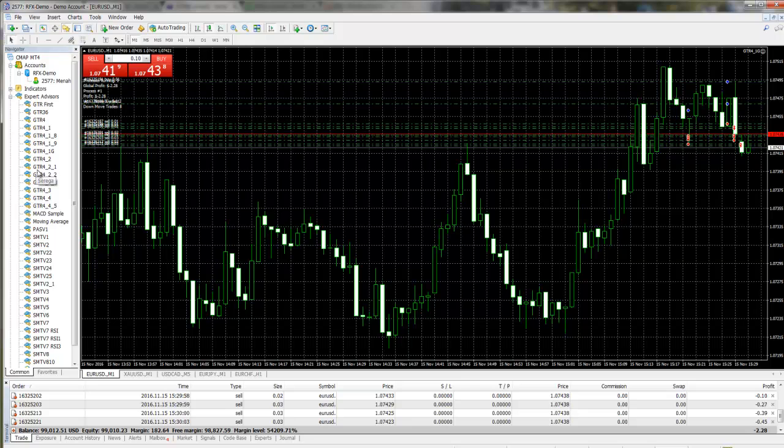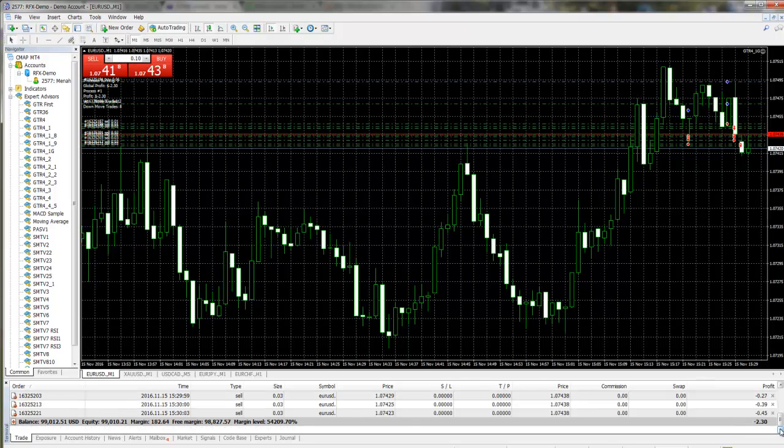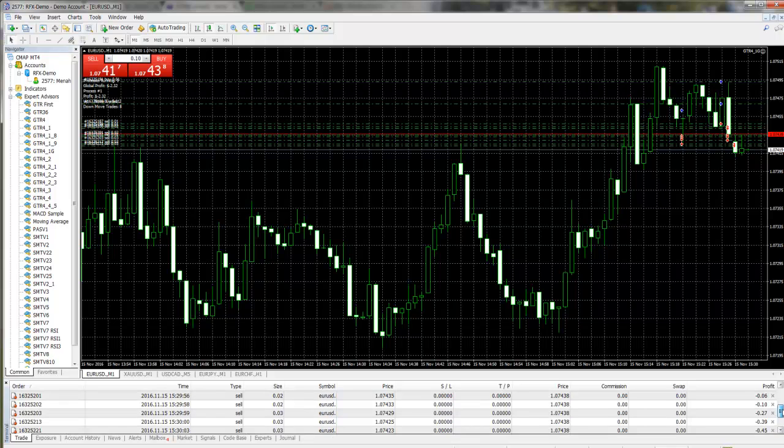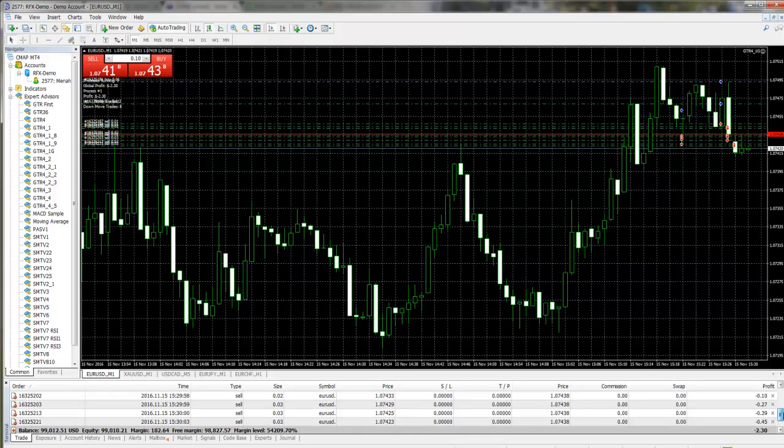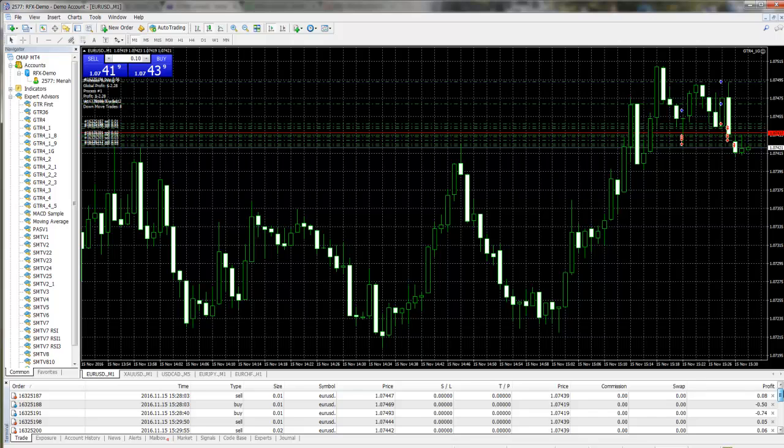I drag the robot file onto the chart, and if everything goes well and all parameters and properties are set correctly, the robot starts working immediately, as you can see here. There is no limit on the number of trades or orders that the robot can execute. You see already something like 12 orders were opened since this robot was initiated.